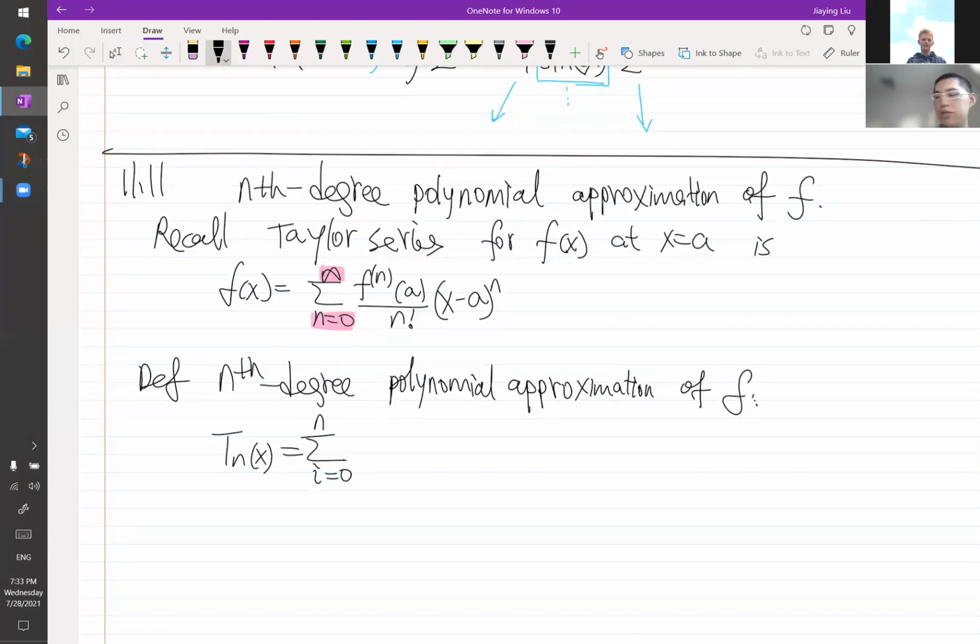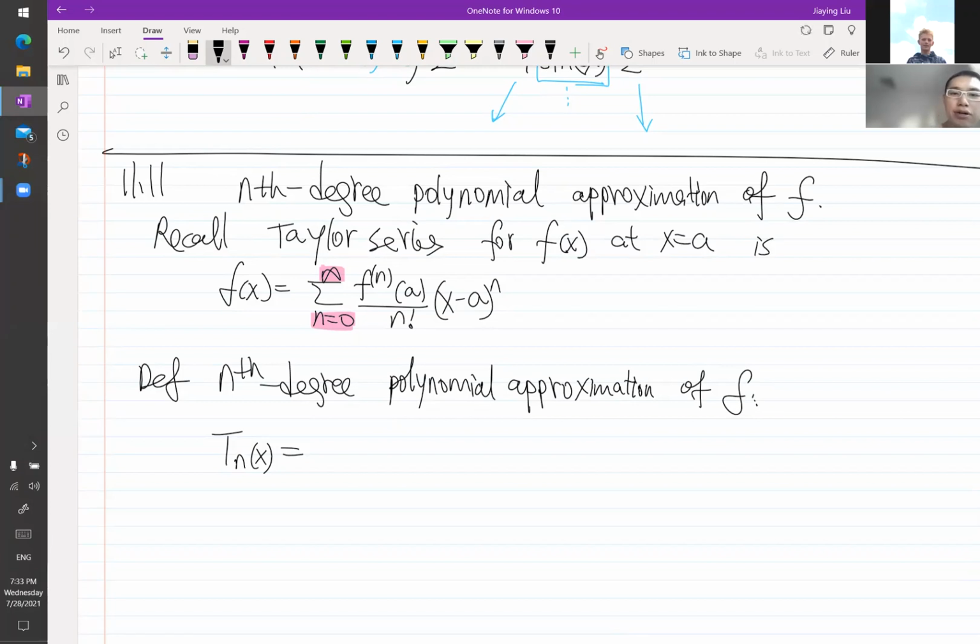I think I'm going to change the notation so it might be less confusing, but it's different from the book. I'm going to stick with the book because I don't want it to be too confusing.